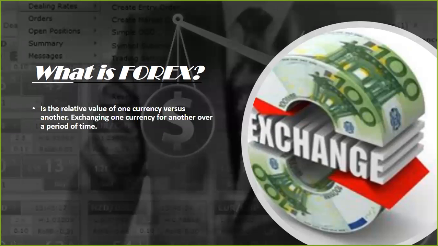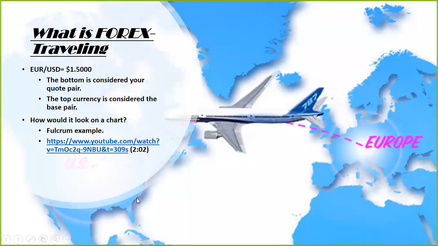All right. So what is Forex? Forex is the relative value of one currency versus another, exchanging one currency for another over a period of time. So let's say you're in Europe, right? And from Europe, you go to the United States and you have with you 300 euros at the time.